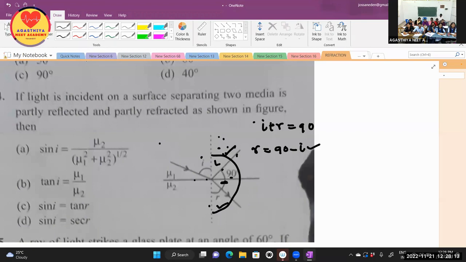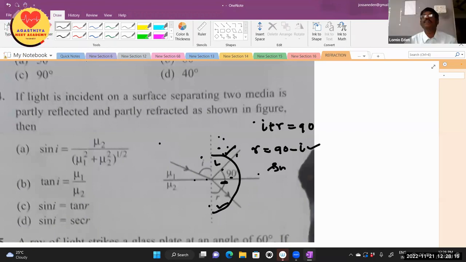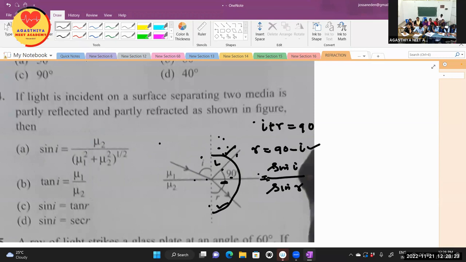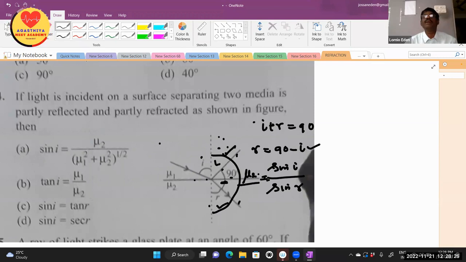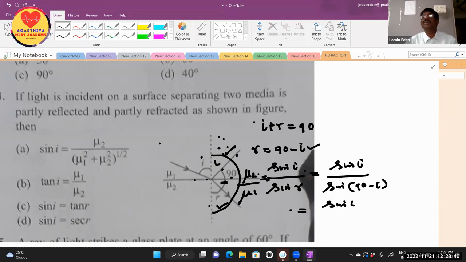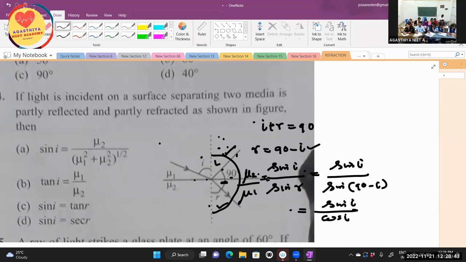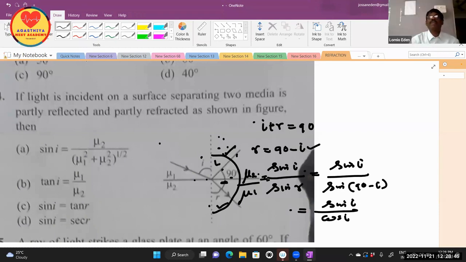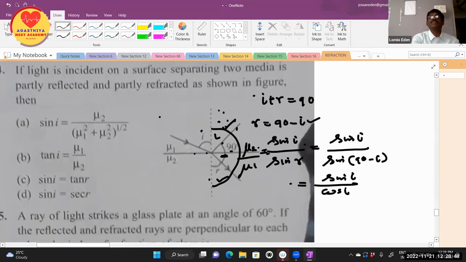Yes. Now apply the Snell law. Sin I divided by sin R is equal to mu2 divided by mu1. Sin R can be written as sin of 90 minus I. Sin 90 minus I means what? Cos. Okay. Now the expression is somewhat different actually.